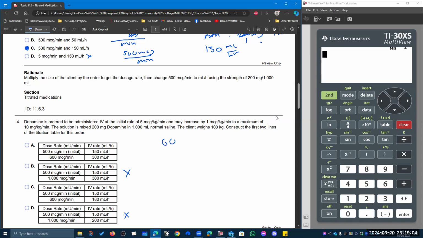If we have 600 micrograms per minute, this is 0.6 milligrams per minute.